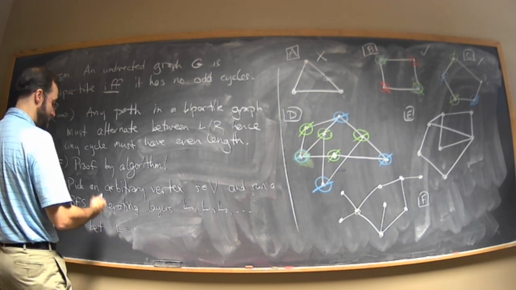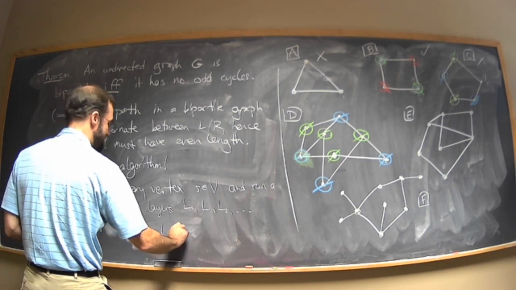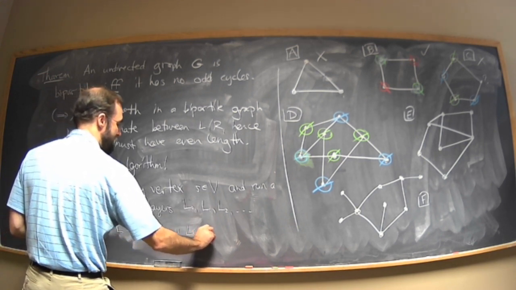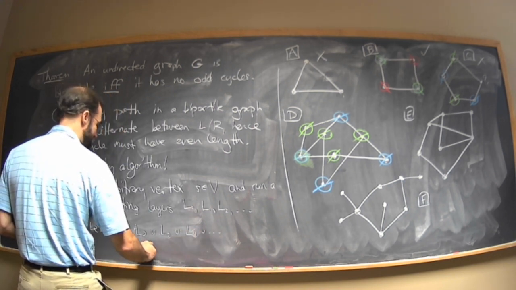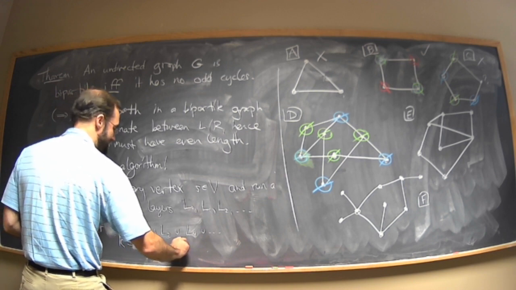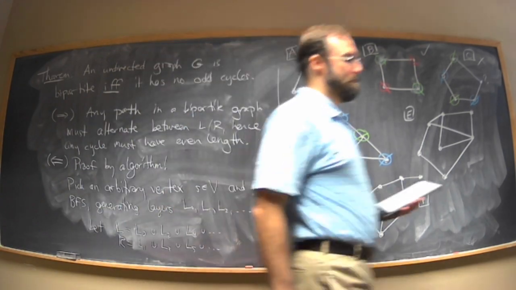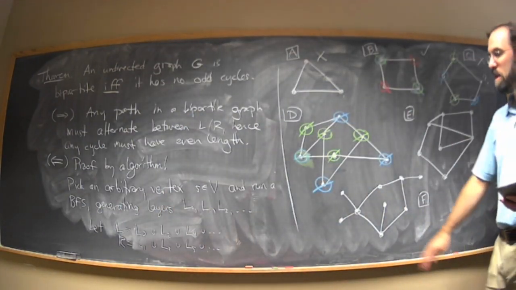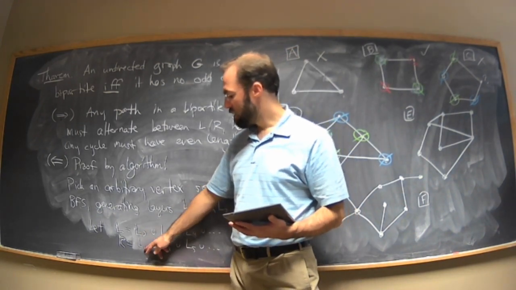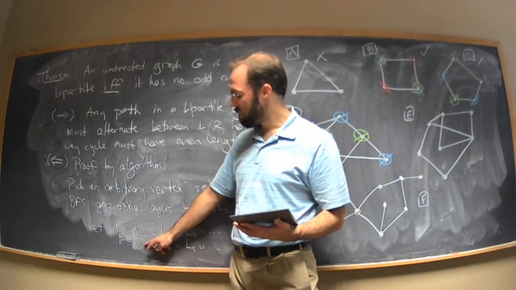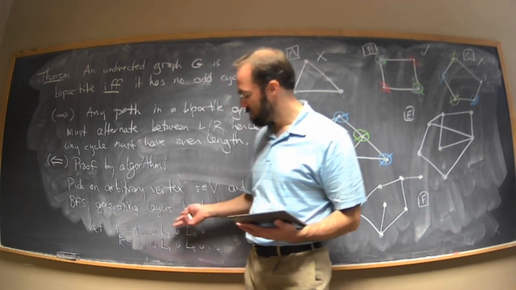But anyway, L is L0 union L2 union L4 union and so on, and R is going to be all the odd ones: L1 union L3 union L5 union and so on. Which amounts to the same thing that Mitchell said: we keep track of the parent, and everything in layer 1 has something in layer 0 as its parent, so we give it the opposite color. And then layer 2, we're back to the first color again, and so on. We keep flipping back and forth.